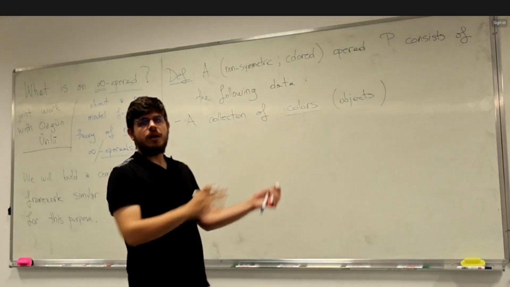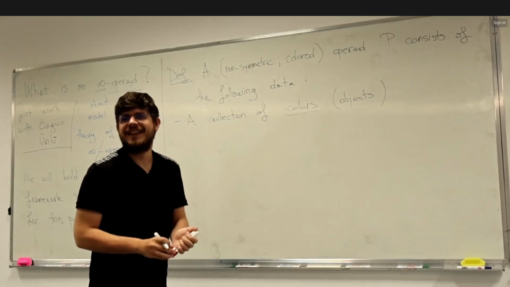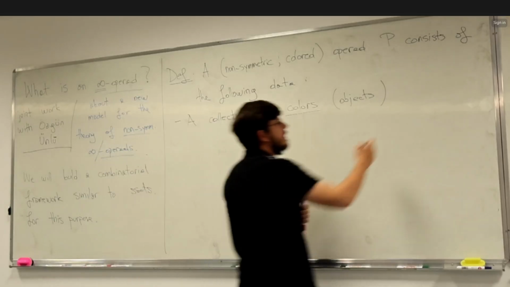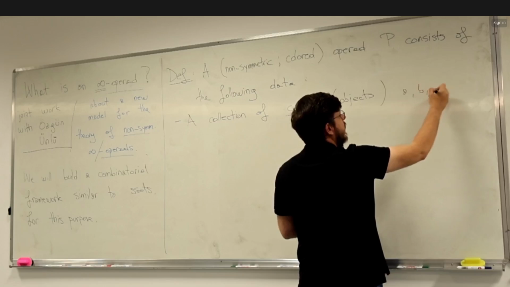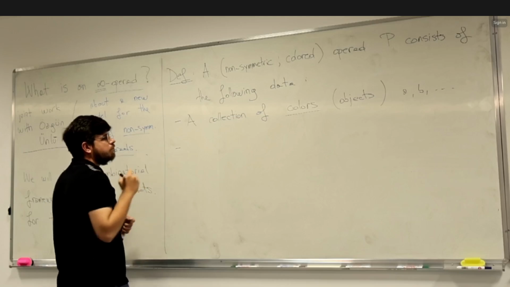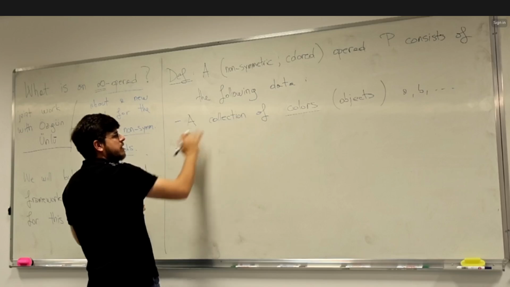Why do we call them colors? Classical literature. Okay, so say A, B, C, etc. Now, this is the first piece of data.